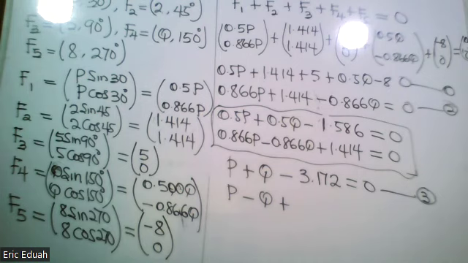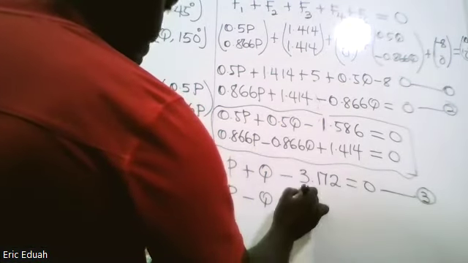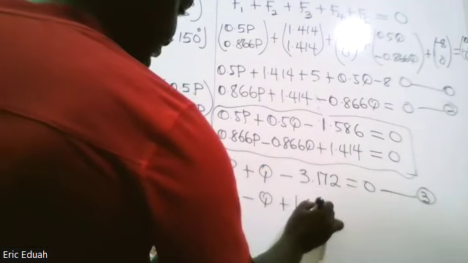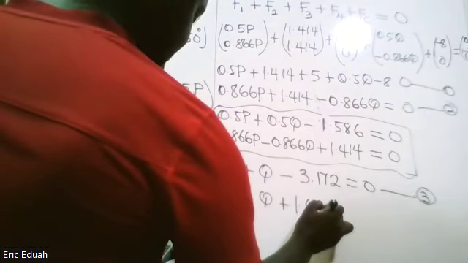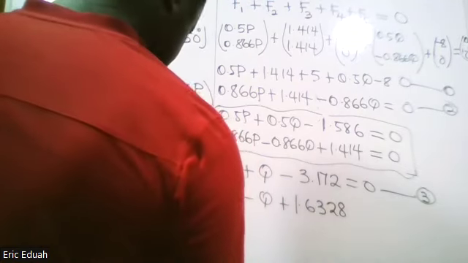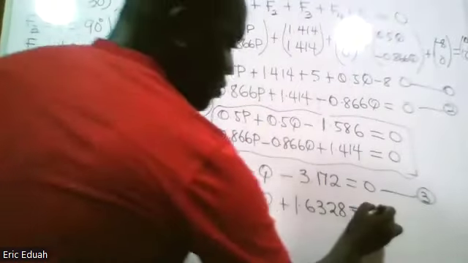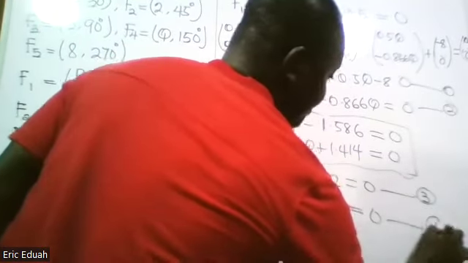Let's write to 4 decimal places: 1.6328, and this is equal to 0, equation 4.